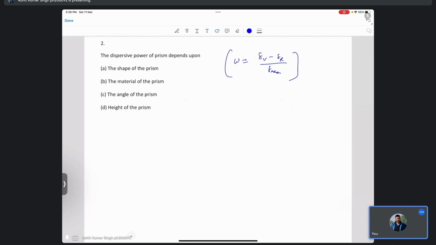What do you think? Any guess? Yeah. Hello. It depends on the refractive index, right? So that means material.